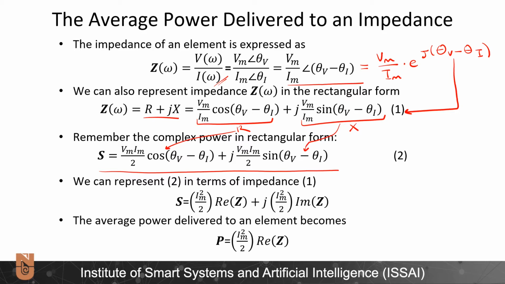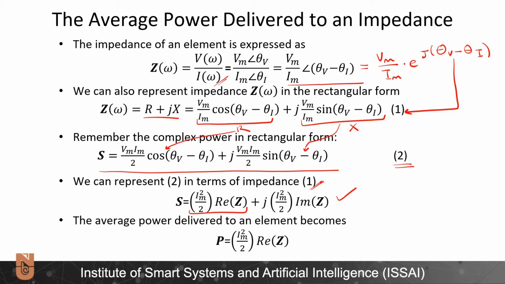Therefore we can represent equation 2 in terms of the impedance from equation 1 as S equals Im squared divided by 2 times the real part of the impedance, plus j times Im squared divided by 2 times the imaginary part of Z. This is very similar to I squared times R, but here we are dealing with phasors and impedances.